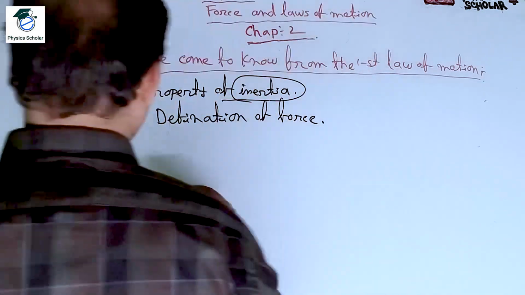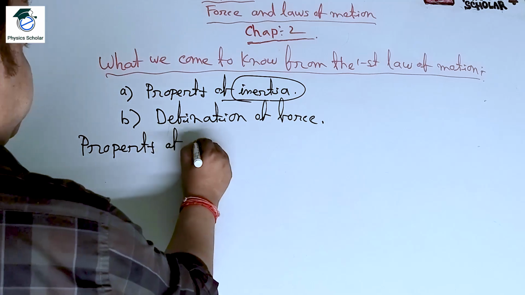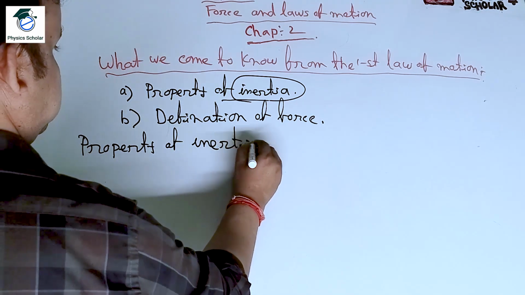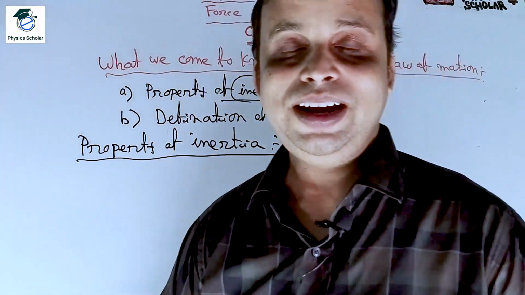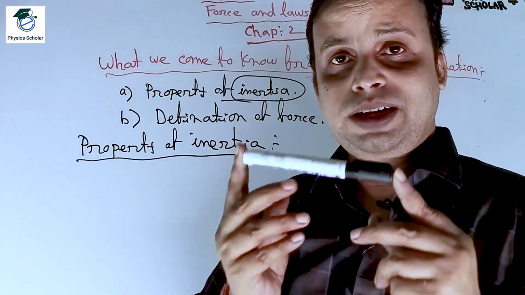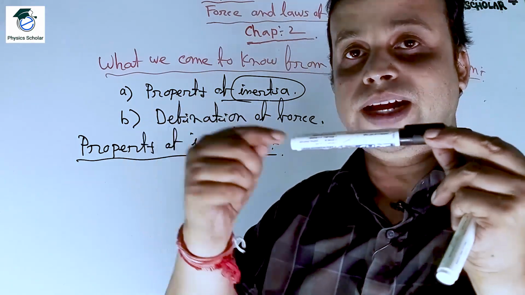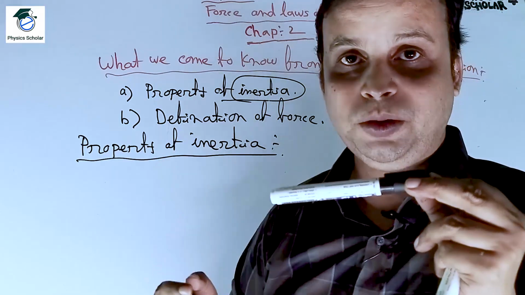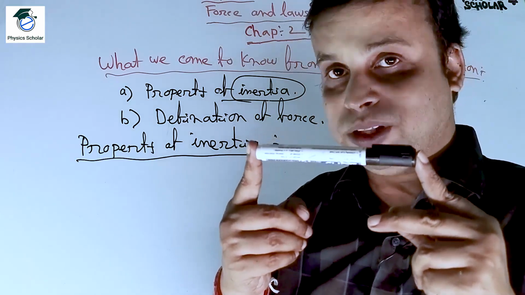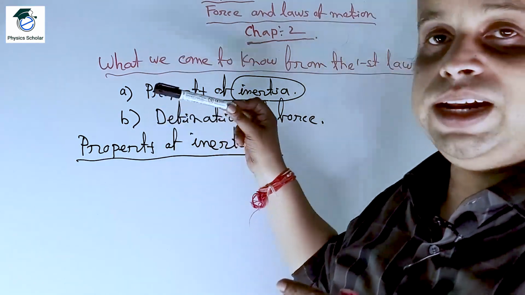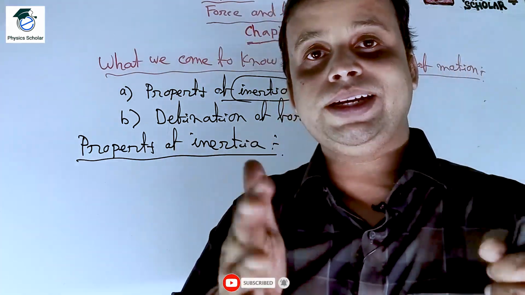Now what is inertia? What is the property of inertia? Basically, what I told in Newton's first law of motion is that if no force is applied from outside, no unbalanced force is applied on any object, then the object which is at rest will stay at rest forever, and the object which is in motion will continue its motion in a straight line forever.